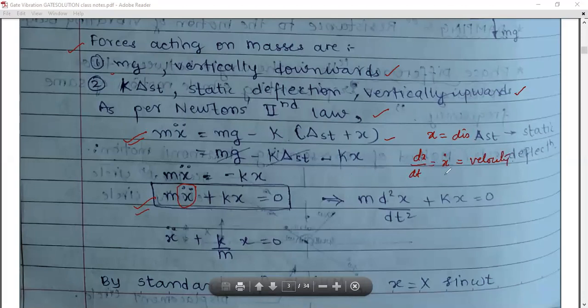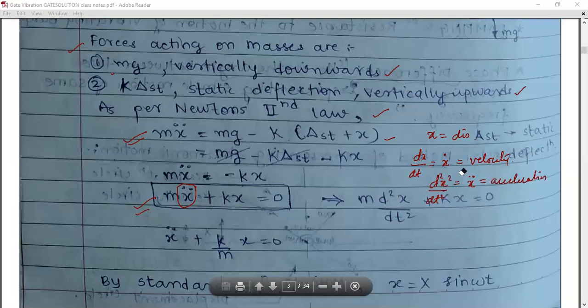Likewise, when we further differentiate velocity, that can be written as d square x upon dt square, or x double dot, which is defined as your acceleration.